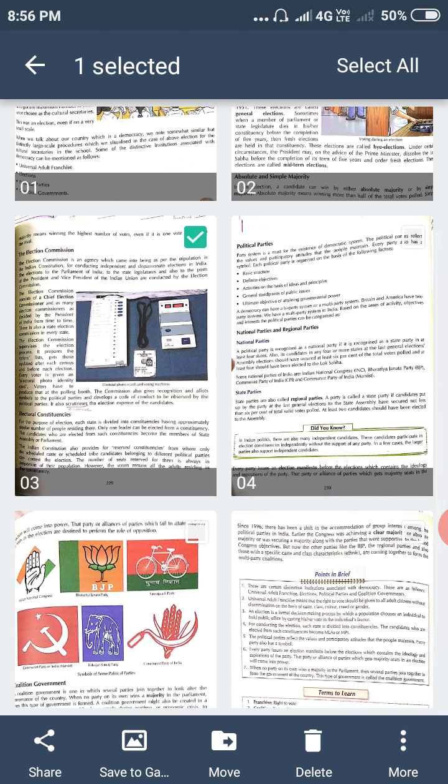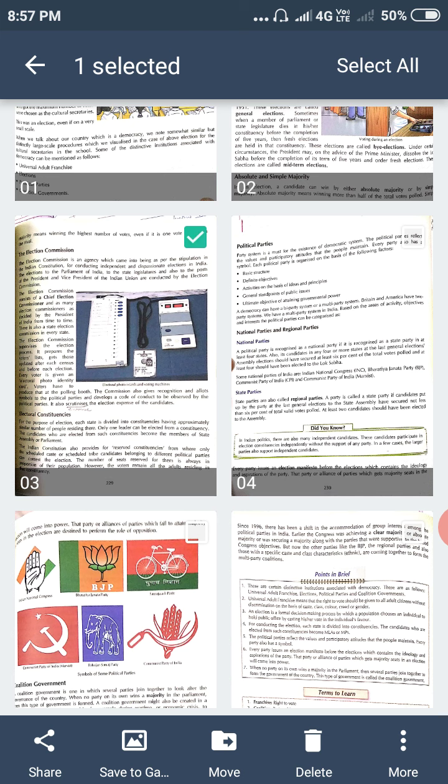Now, the next topic is elections. I have already explained the process of elections. Here, people choose their representatives by casting their vote. These elected representatives form the government. In a democracy, there is the principle of one vote per person.